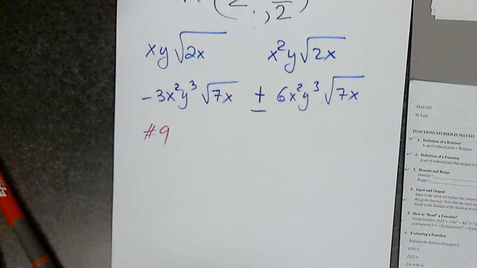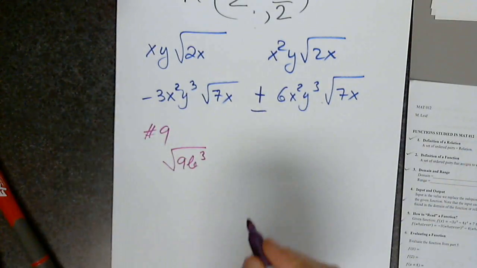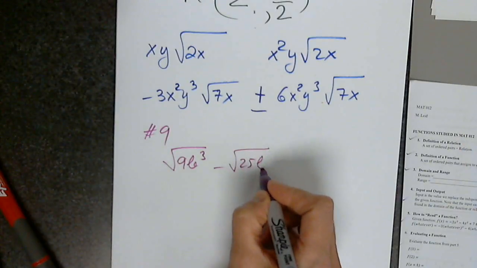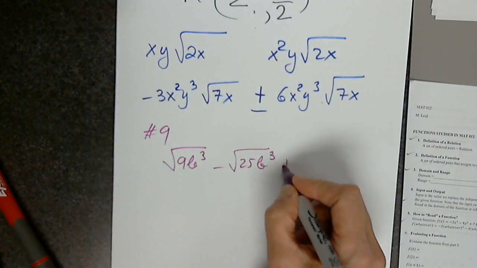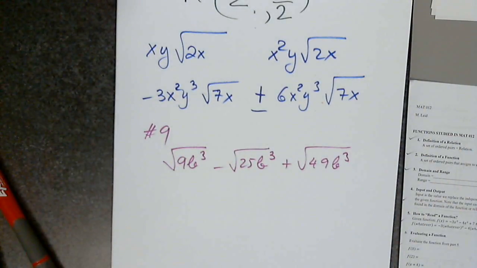Let's say 9. The square root of 9b cubed minus the square root of 25b cubed plus the square root of 49b cubed. Here's my first question to you. Are these like radicals? The radicand has to be absolutely identical.